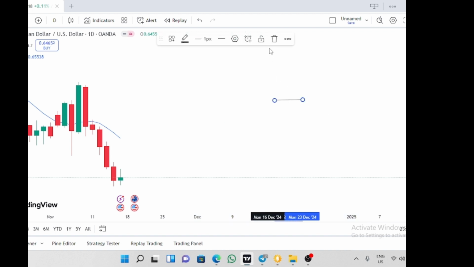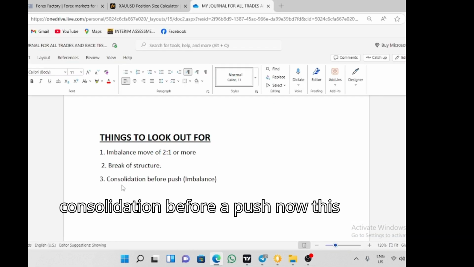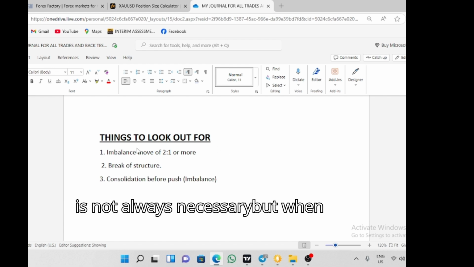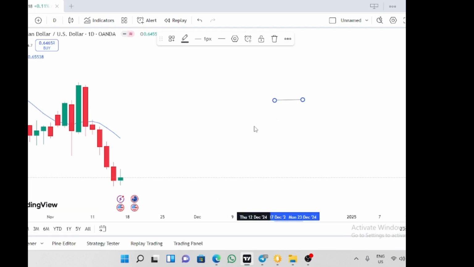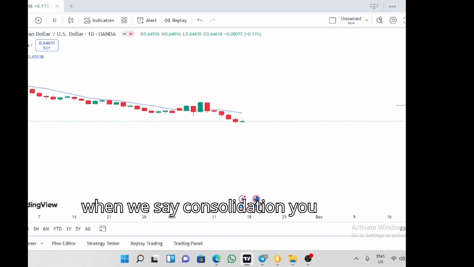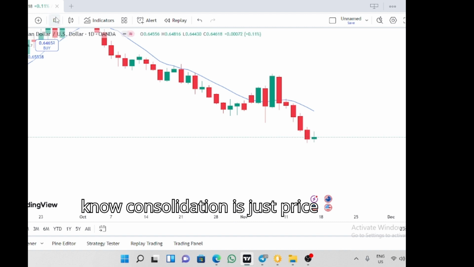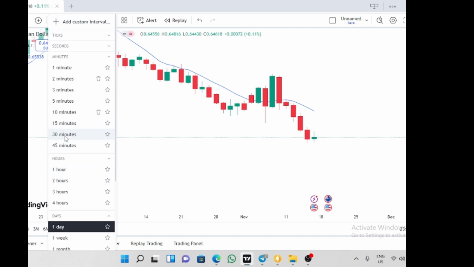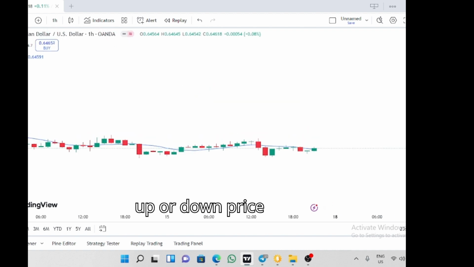Now, a consolidation before a push. This is not always necessary. When we say consolidation, you know consolidation is just price that is refusing to go up or down.